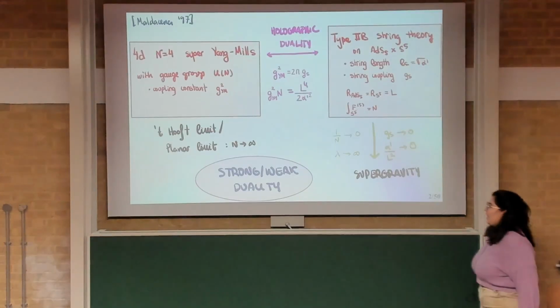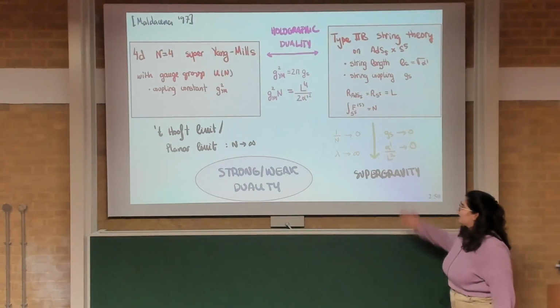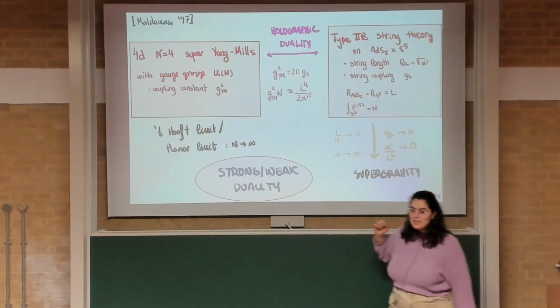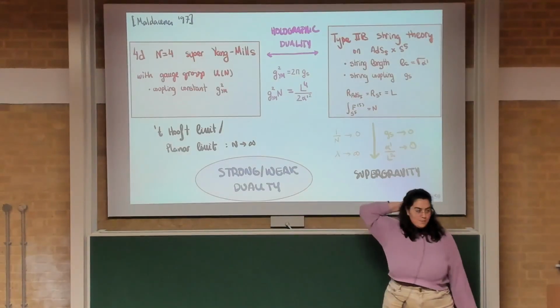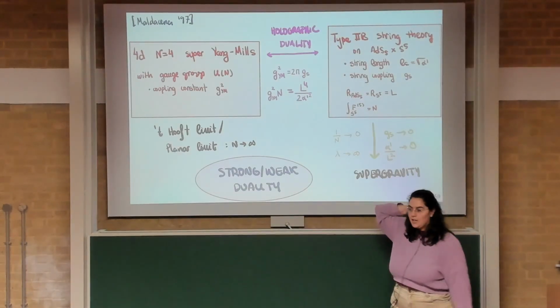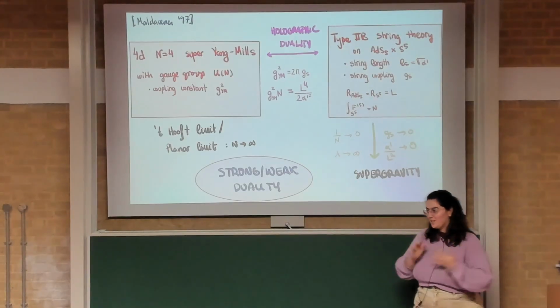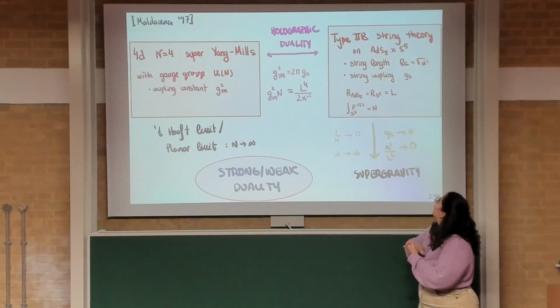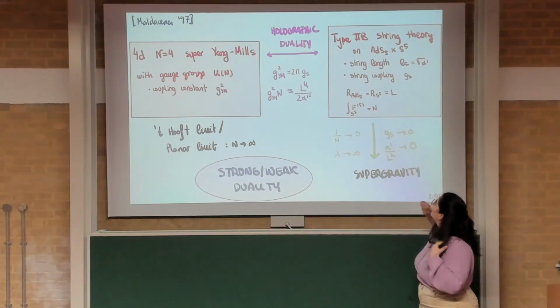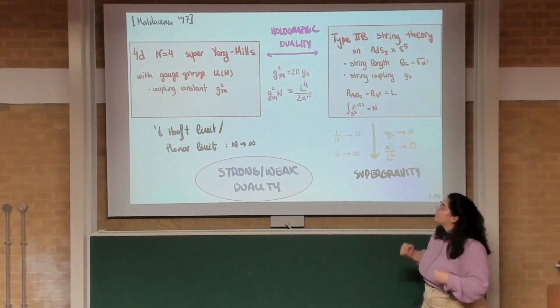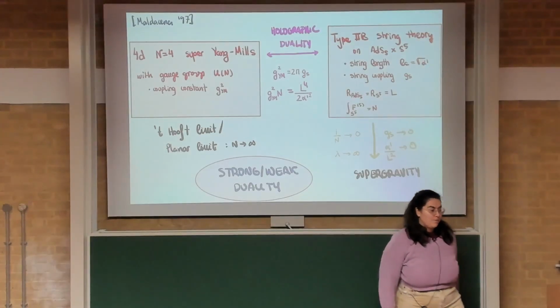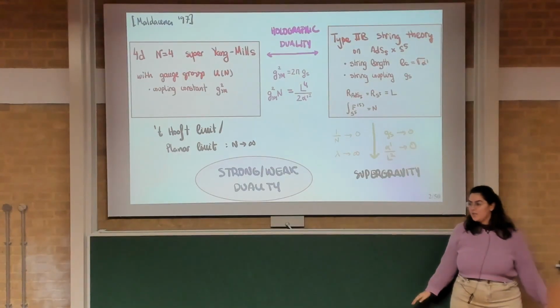So I will start by introducing the holographic duality in this very specific setting. I will always be talking about N=4 super Yang-Mills, this 4-dimensional theory that I think all of you know, and its dual type IIB string theory in AdS5 times S5. I will not mention string theory.